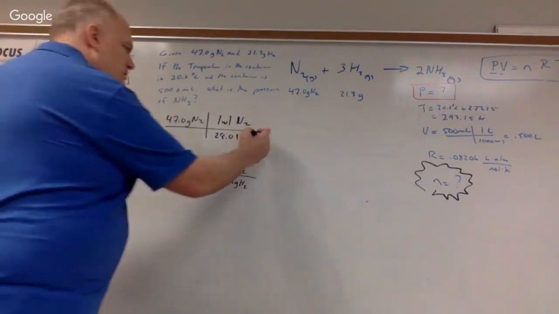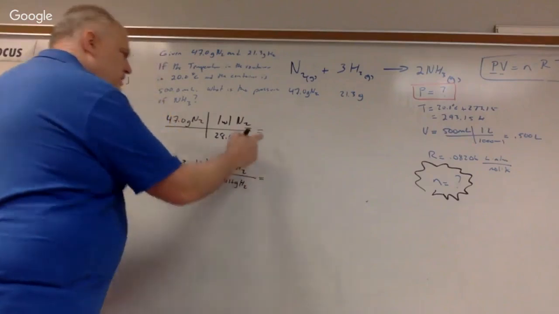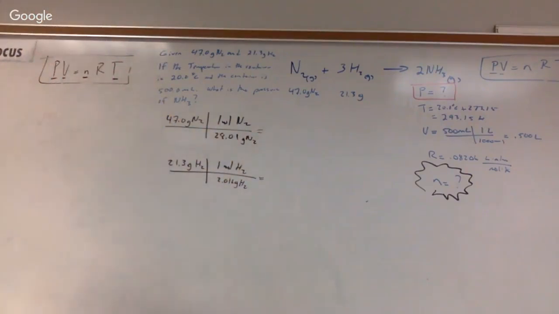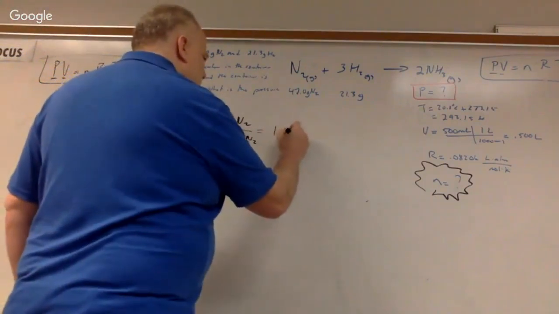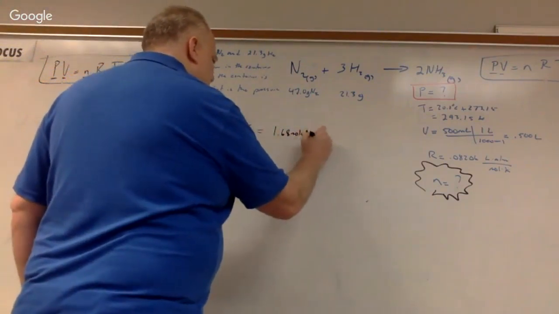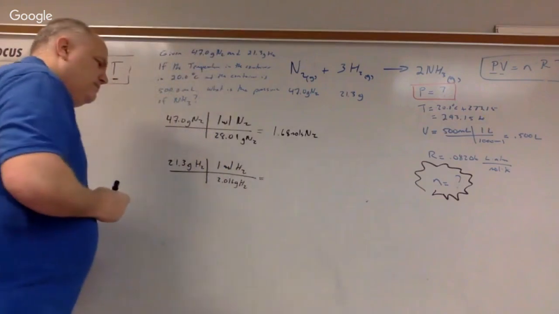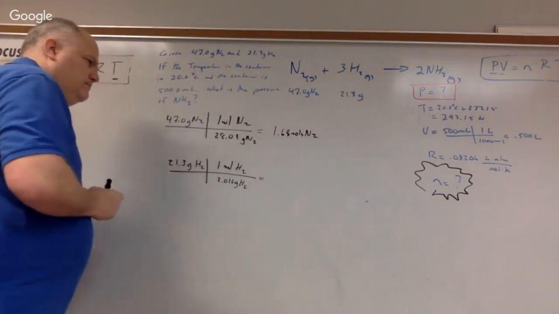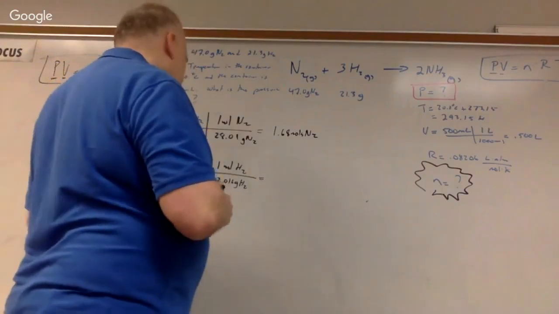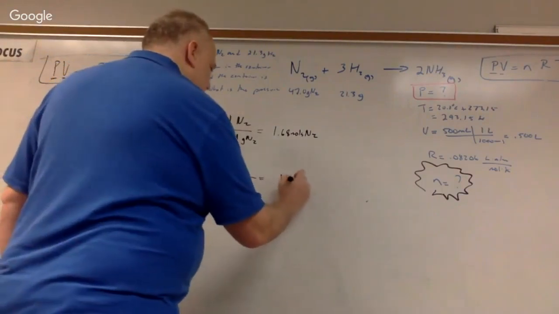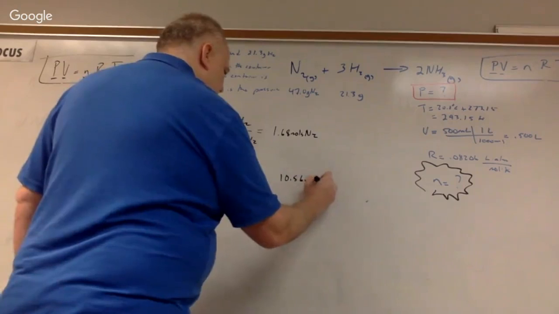Yeah? So help me out here. Those of you who are typically my helpers with calculators, can you tell me what the number is here for nitrogen? 1.68 moles of N2. And how about here? I'm going to guess way more, right? 10.56 moles of H2.